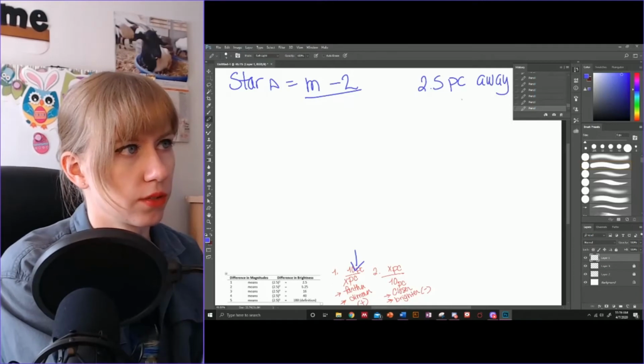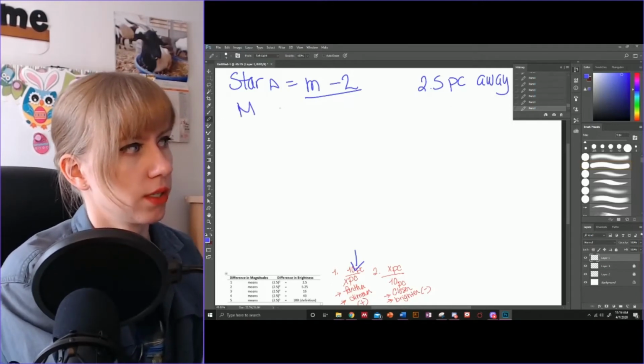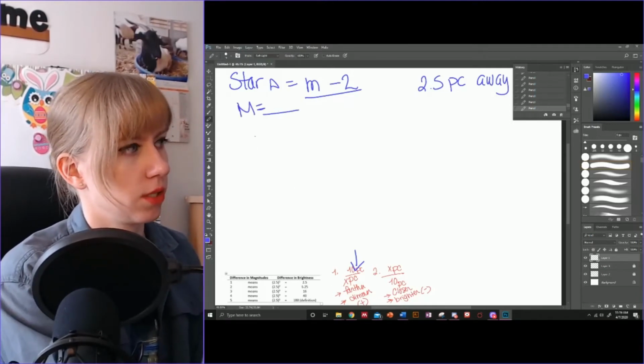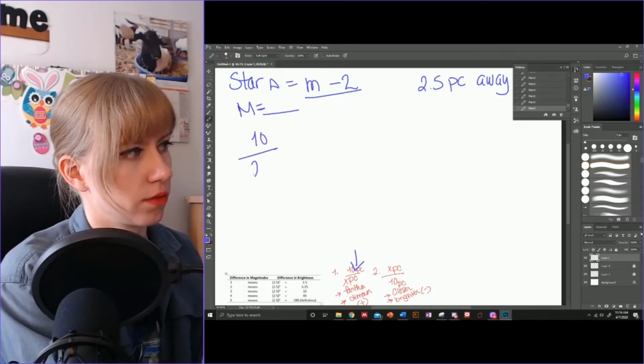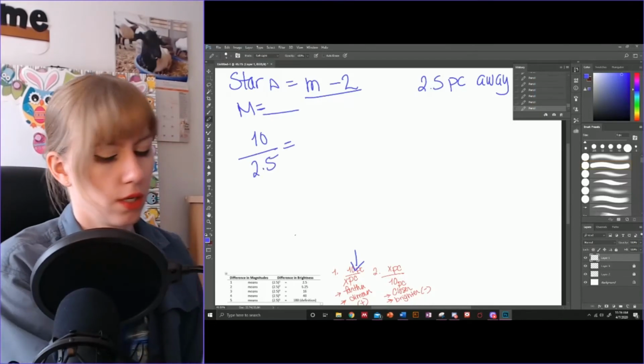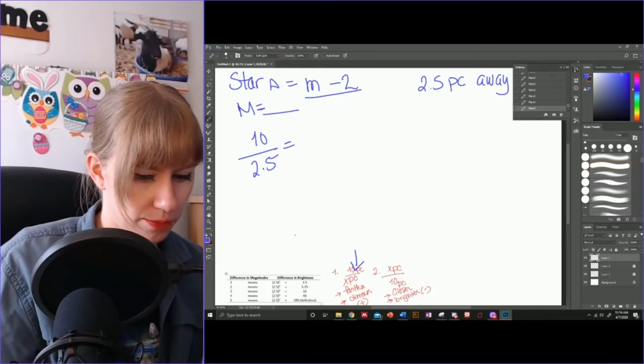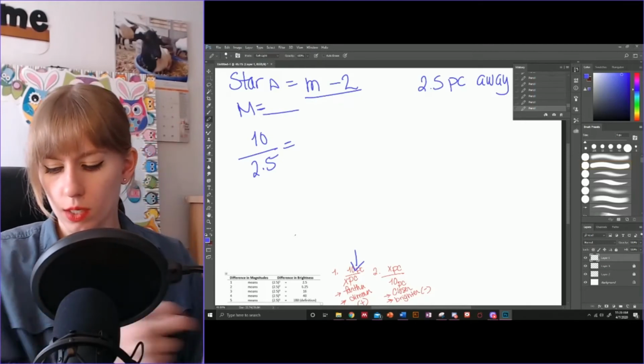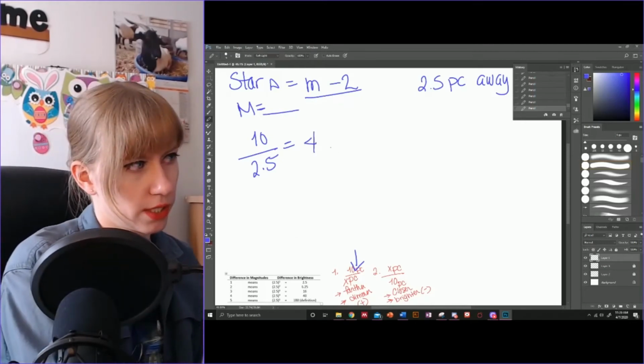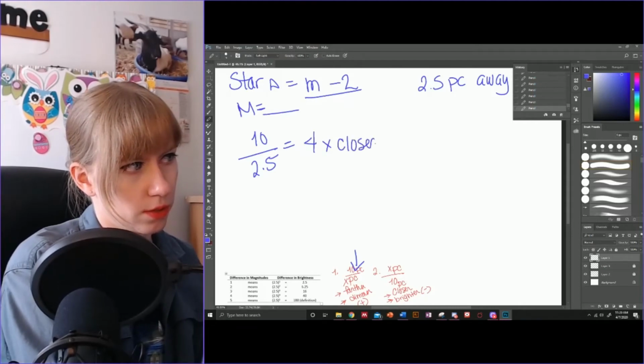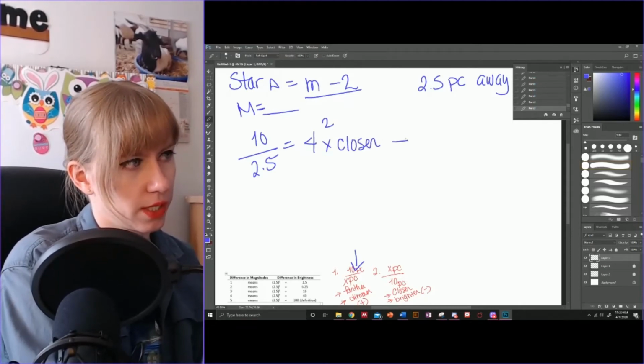Okay, so this is rather close to us, so we're going to have to push it away, and we want to find our absolute magnitude. So here we have to do 10 over 2.5. Okay, so 10 over 2.5 is going to give us 4 times farther. Okay, but again, we have to square it so that we can get that difference in brightness.